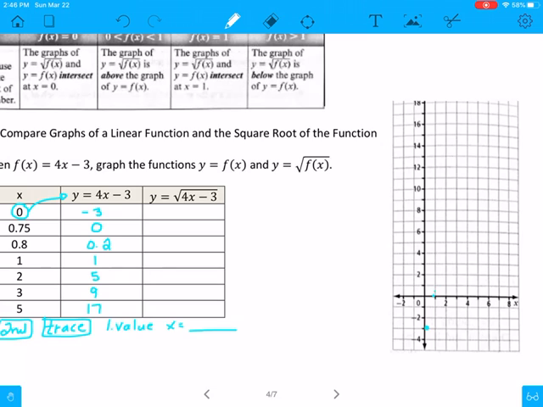Well, that's really close. 1 and 1, 2 and 5, 3 and 9, and 5 and 17. Could have put the 4 in there as well. Oops, 5 and 17. Okay, so we connect these.